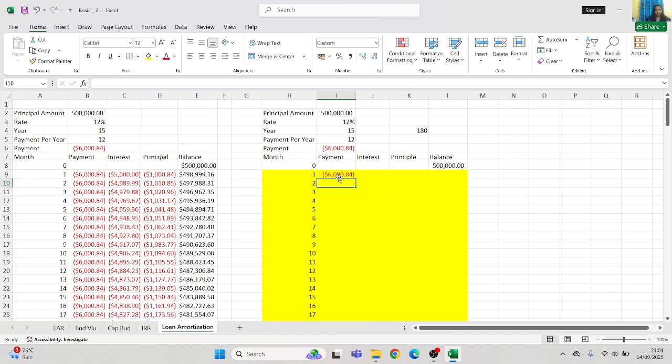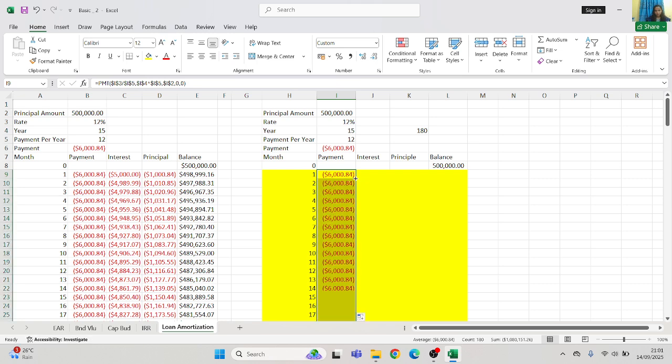Then we select the cell I9 and drag to 180 to autofill. We have to click right button, double click. Yes, here is our payment from 1 to 180.